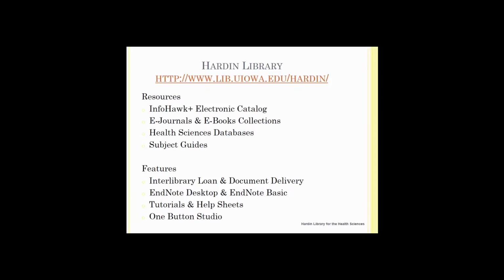You can just request that article through interlibrary loan. Because it's a scannable material, and that includes not only an article but a chapter or section of a book, if we have it at the Hardin Library, someone from that department will take your request and they will find the material, they'll scan it, they'll send it to the email address of your choice as a PDF within 24 hours.